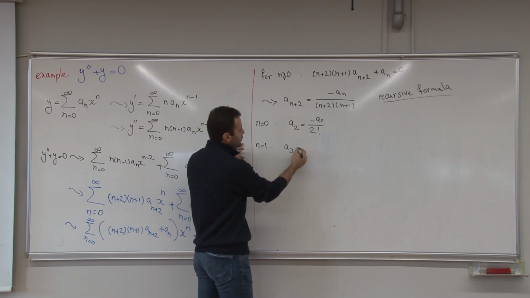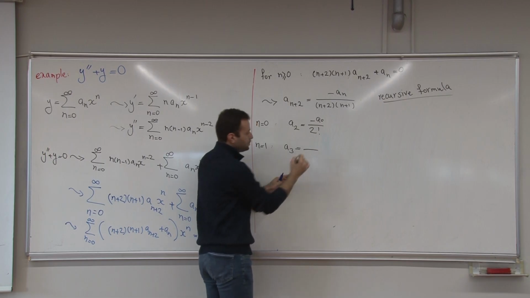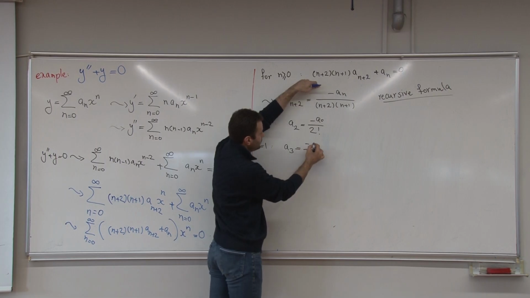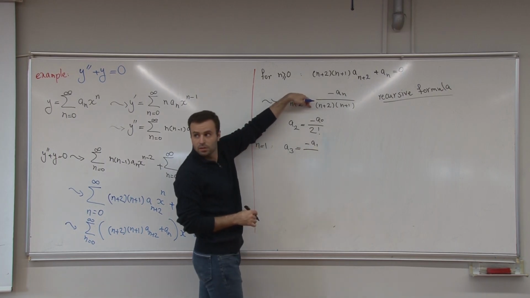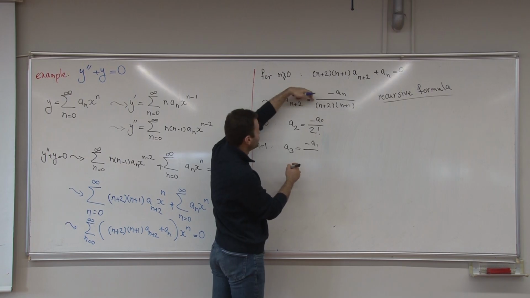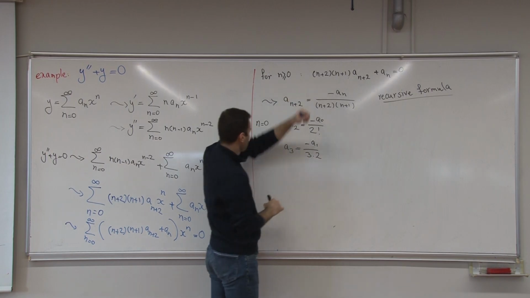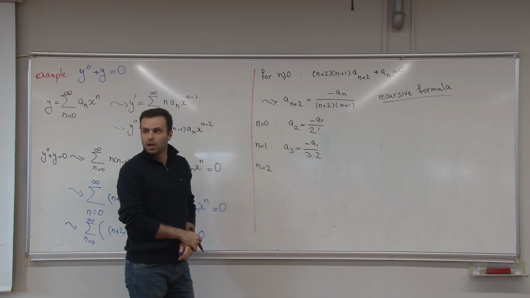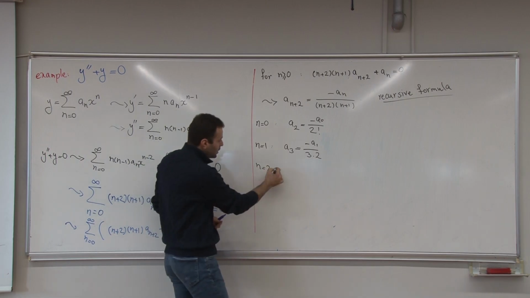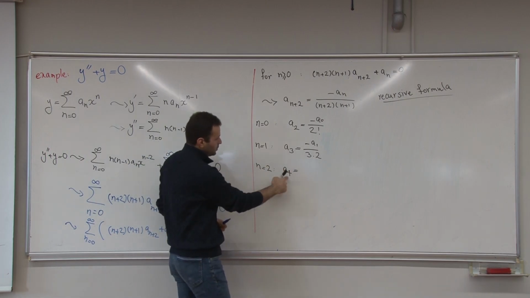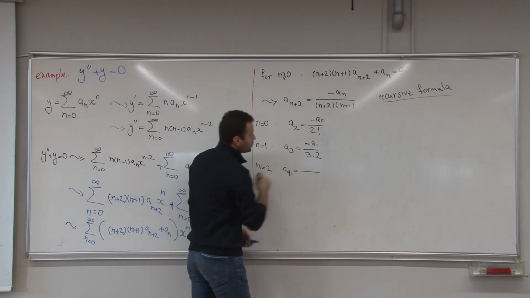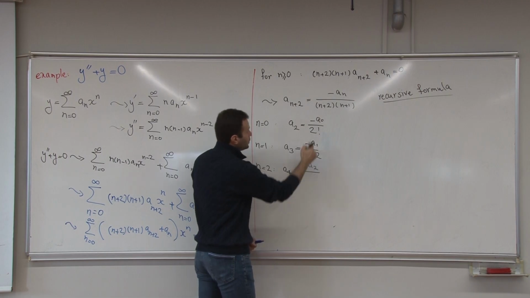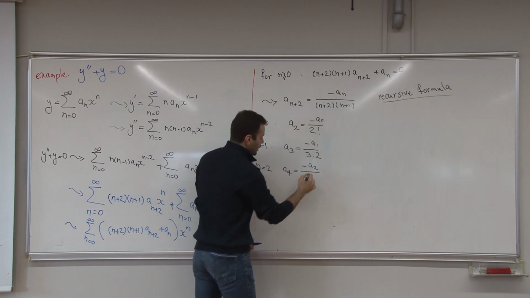I have a3, which is going to be equal to minus a1 divided by 3 times 2. What if n is equal to 2? I'm having a4, and what is my a4? Minus a2 divided by 4 times 3.